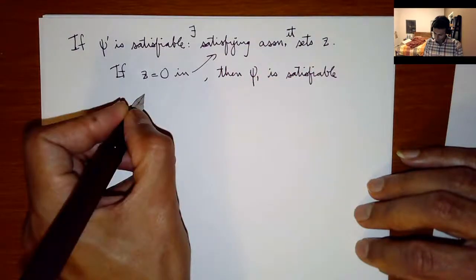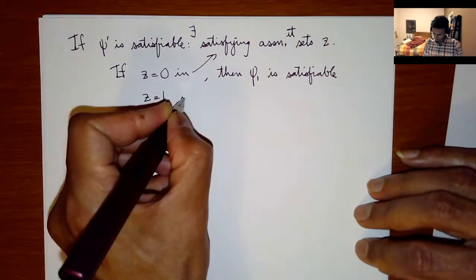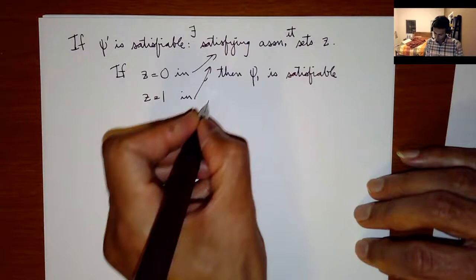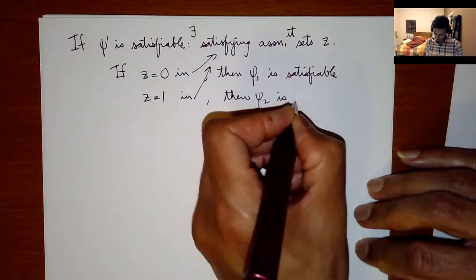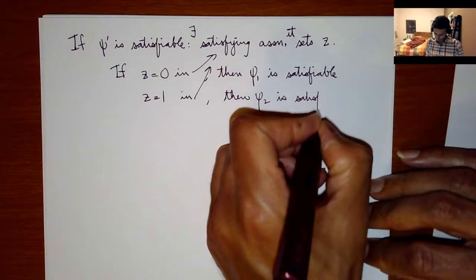If Z is set to 1, then C2 is satisfiable.